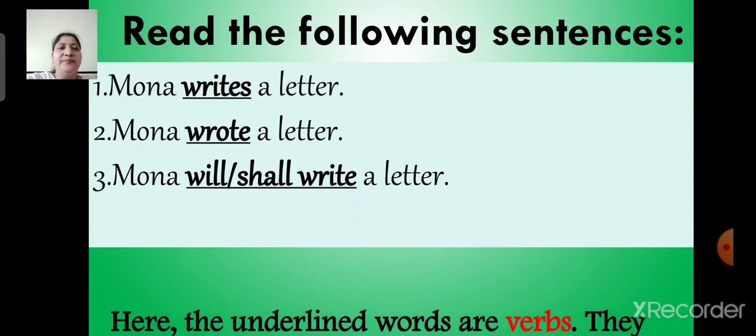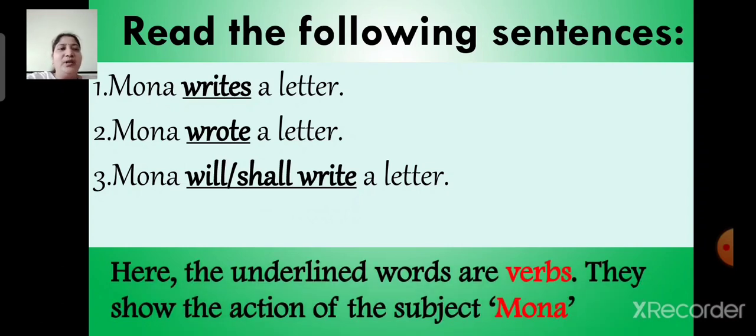So children, here the underlined words are verbs. They show the action of the subject, Mona. The verbs writes, wrote and will or shall write indicate three different times. The verb writes shows the action done in the present time.